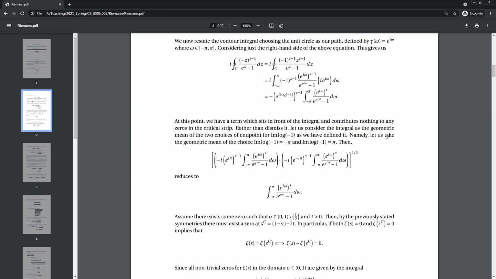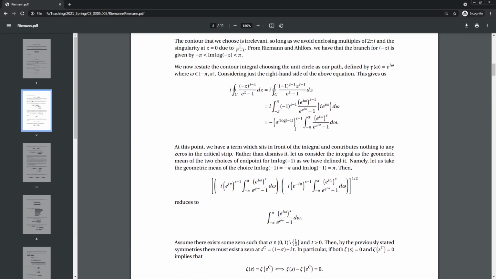So let's consider these in pairs in terms of conjugate choices for what we're going to do with the log of -1. One time we'll consider every possibility simultaneously. So it can be pi, or -pi, or 3 pi or -3 pi. And whichever pair you choose for the log of -1, in this case we're going to choose -pi and pi.